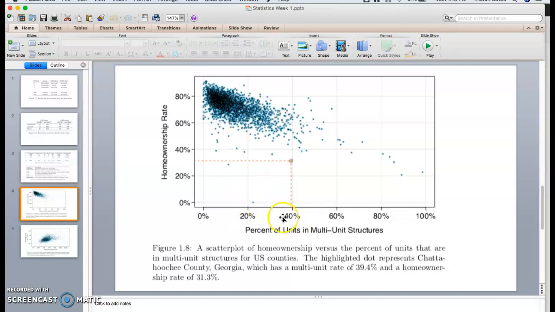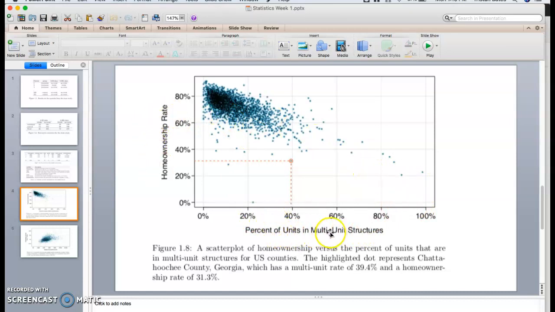So in this data, if we're trying to answer the question, is there a relationship or an association between the data, we look at the general trend of this entire graph, right? So here we have a bunch of dots up here, but then they slowly kind of trail down to the right. So in this case, it does look like the data has some sort of association. It looks like there is what we call a negative association, because as the percent of units in multi-unit structures goes up, the home ownership rate goes down.